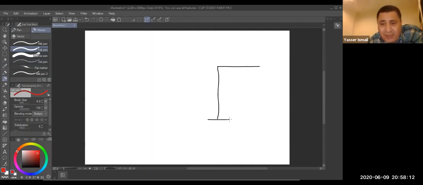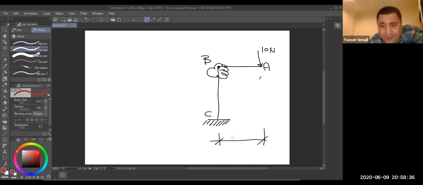What is the difference between frames and beams? Connection. This is a connection. You have A, B, C, and you have here an external load of 10 Newton, and you have 4 meters and 4 meters.